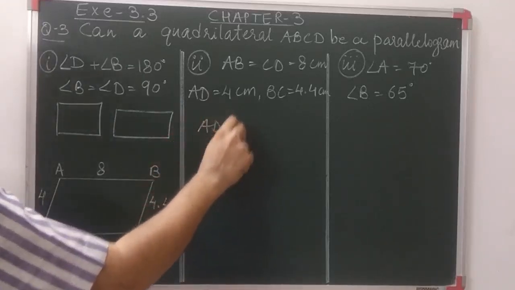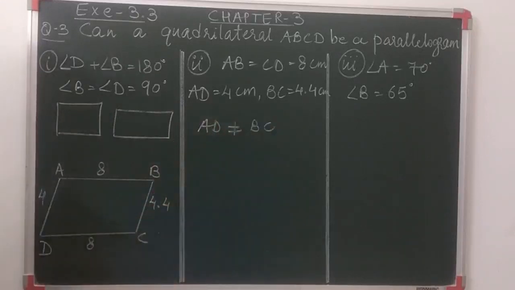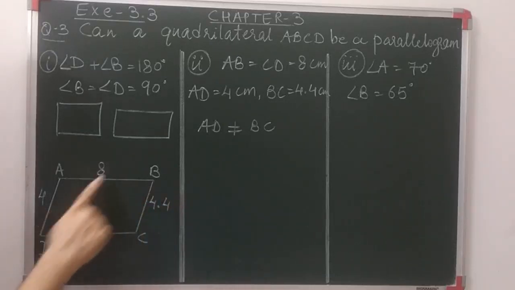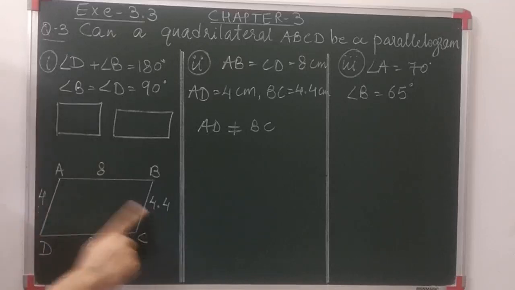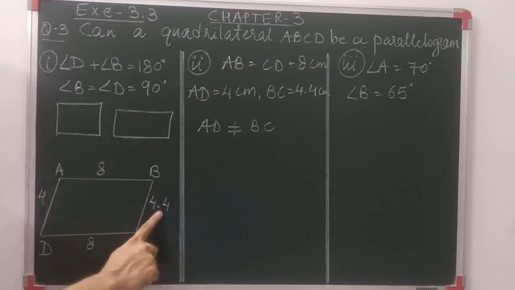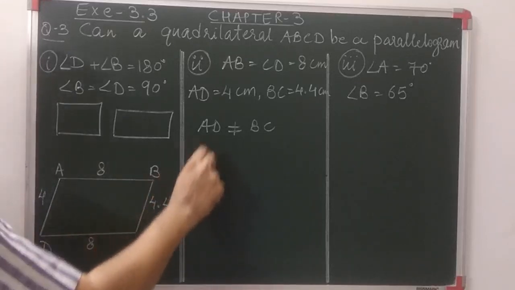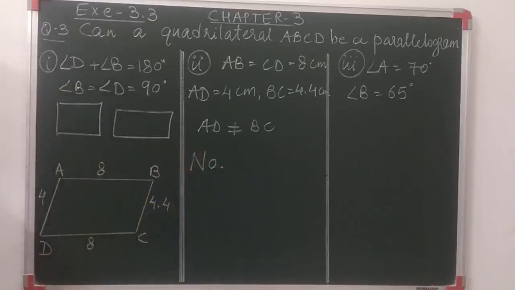AD is not equal to BC. So this does not satisfy the criteria of a parallelogram. If this is 8, then both of these must be equal, either 4 and 4 or 4.4 and 4.4. So we can say no, it is not a parallelogram.